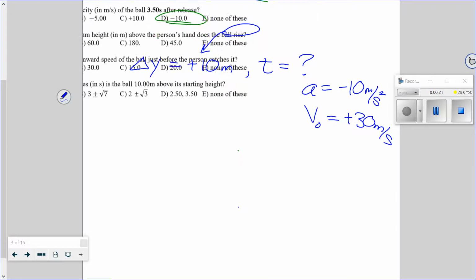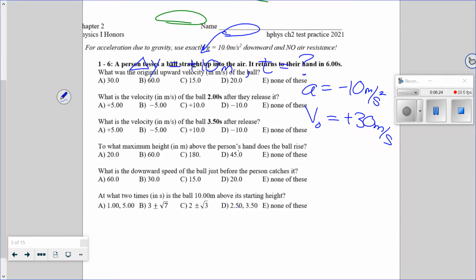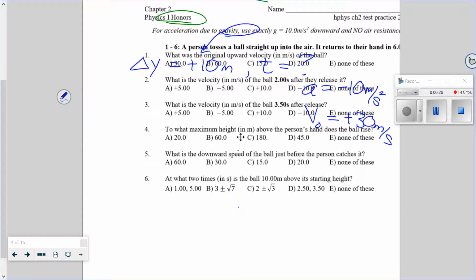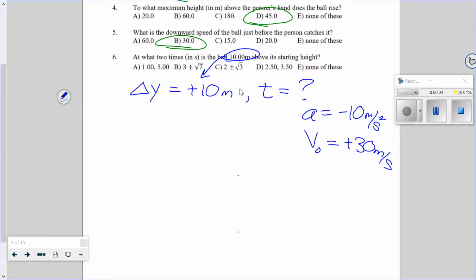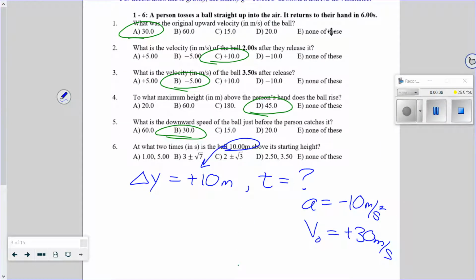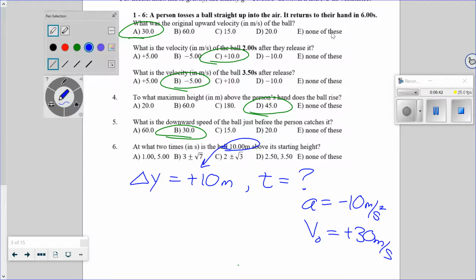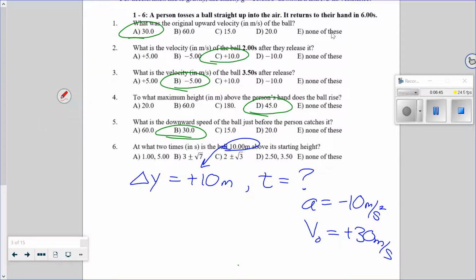Oh, that was bad. Let's not do that. Whatever that did, undo it. Okay, that's pretty good. So many times the scroll button on the mouse has saved my butt. The original upward velocity of the ball.